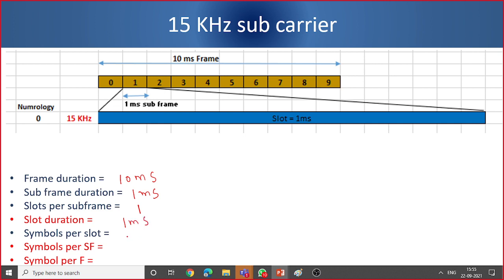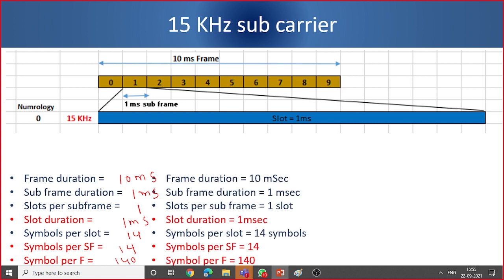How many slots per frame? 40. How many symbols per slot? 14. And in a subframe how much? 14, the same 14. And per frame how much? 140, right? Very nice.